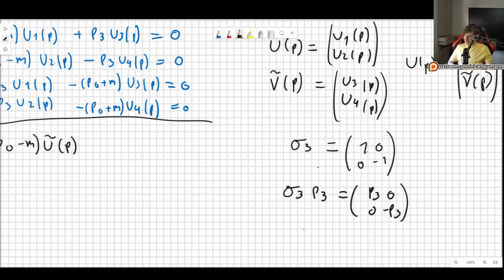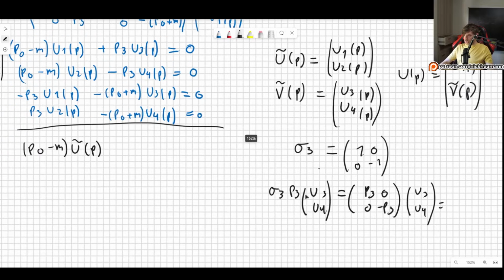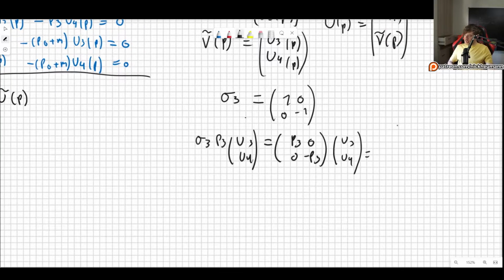And if you multiply this thing by, okay, so I need some more space actually. So let's now multiply this. So sigma 3 p3 times u1, u3 u4 is what I have to multiply it by. So multiplying by u3 u4, we end up with, take a look at this, p3 u3 and minus p3 u4.